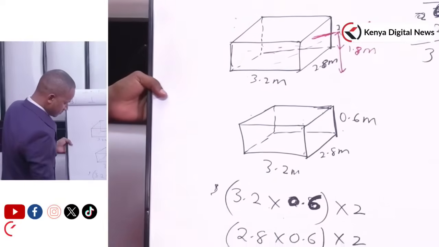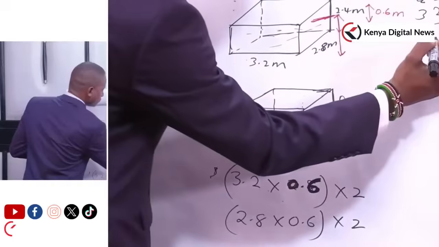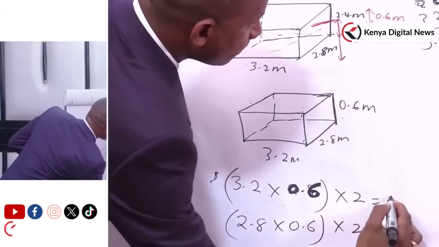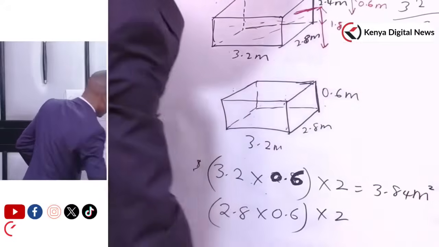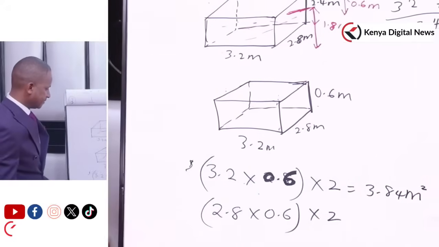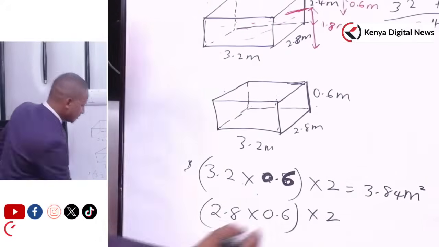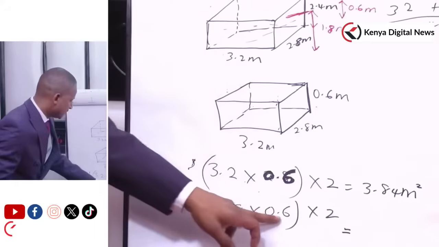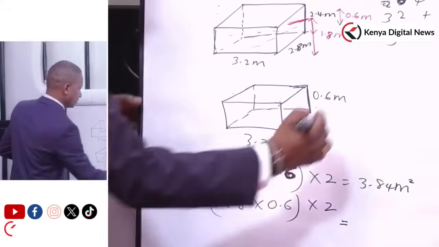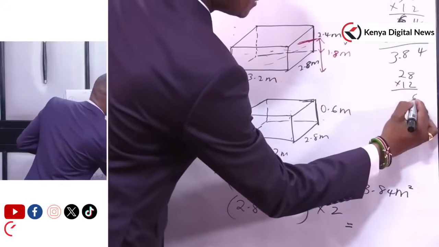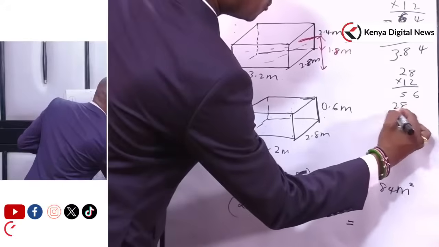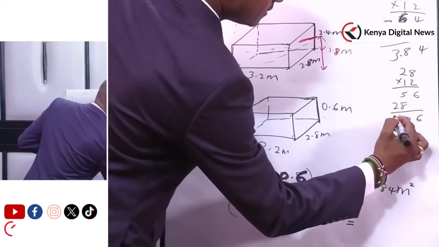Then how many decimals? 1, 2. So this is 3.84 meters squared because it is area. Then what about this? This is 28 by 12.